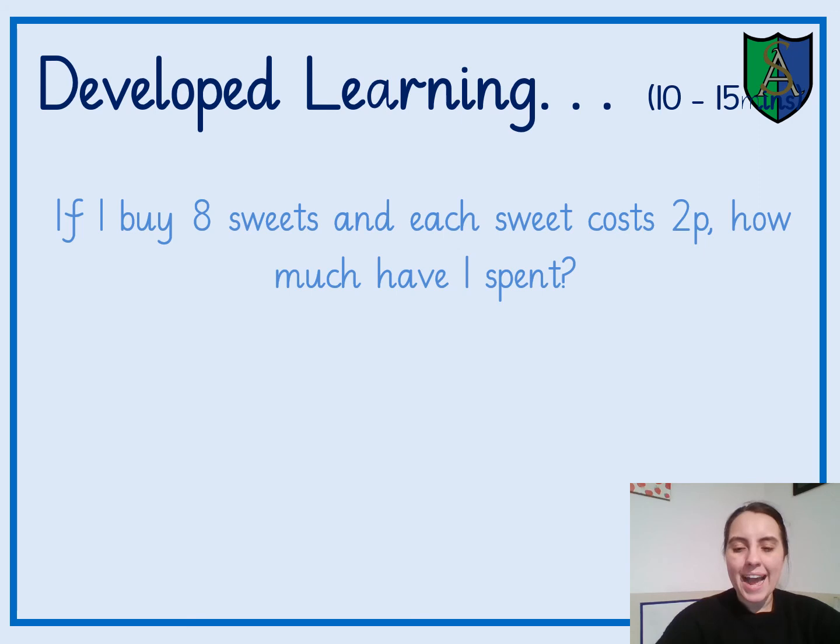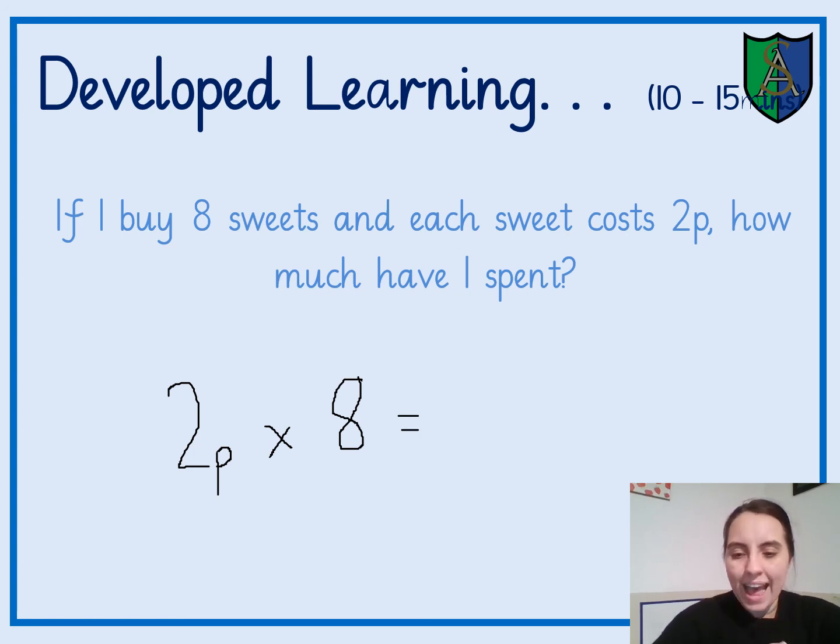What we're looking for now is we're looking for us to write the multiplication equation. So we've got 2p and we're going to times that 2p by 8 sweeties, aren't we? So we're going to do 2 times 8, okay?